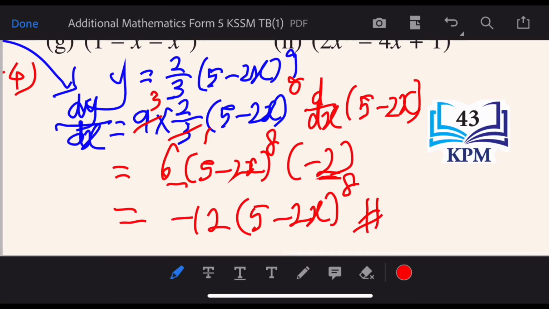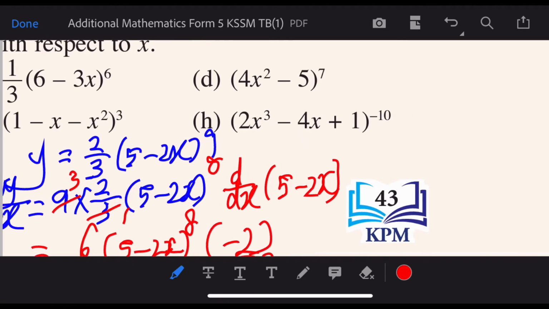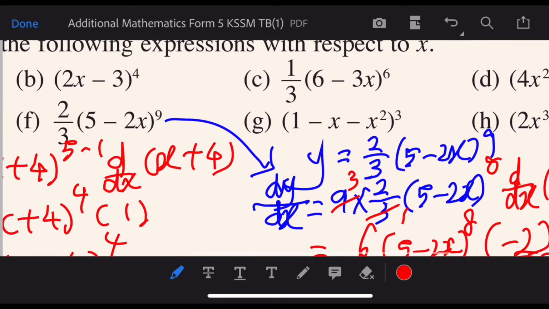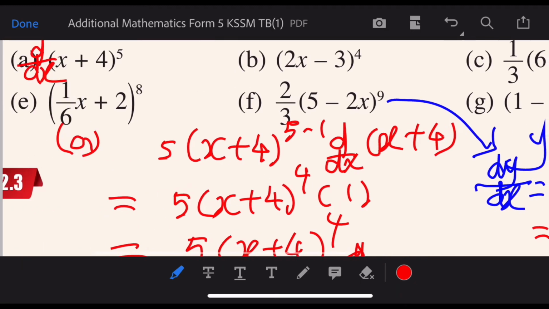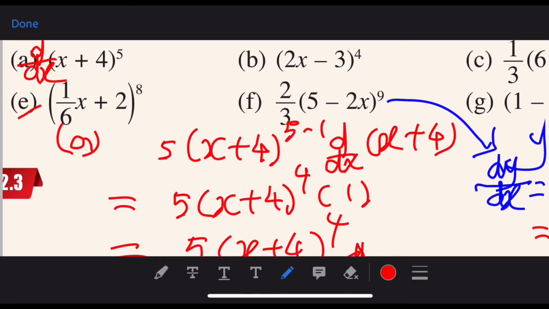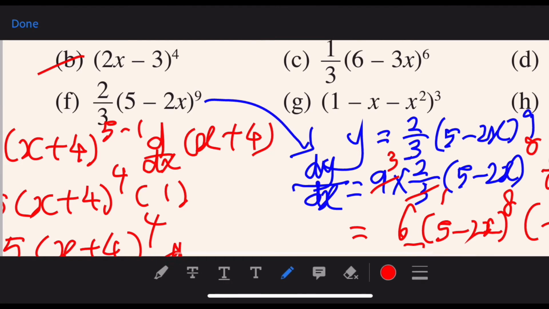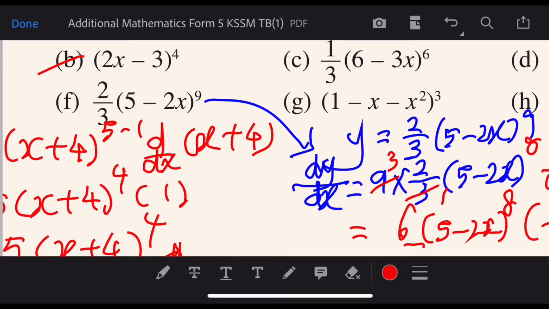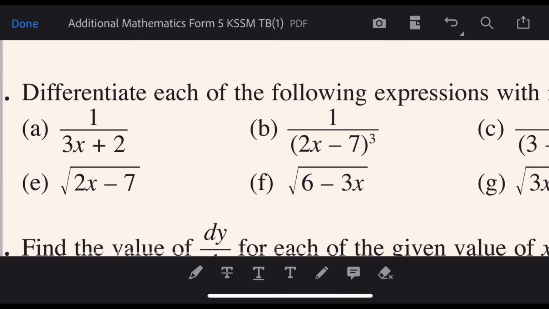Do you want me to discuss one more, or do you understand it? Okay, so I think you should be able to do it on your own. I leave it for you. If you're free, you can try to do this one. One day you do a few so that you will recall the skills. All right, maybe do this one and this one. Okay, right? 4 questions.